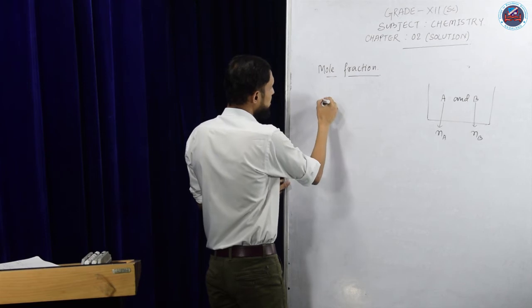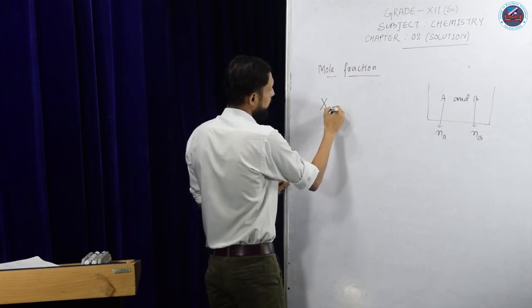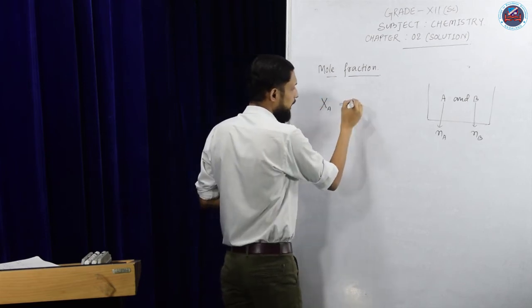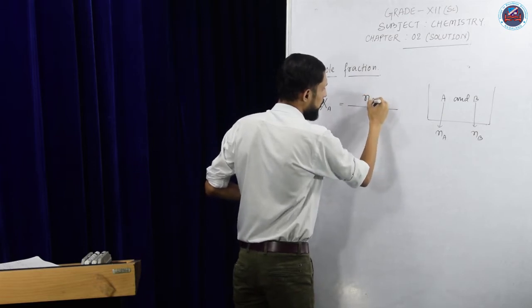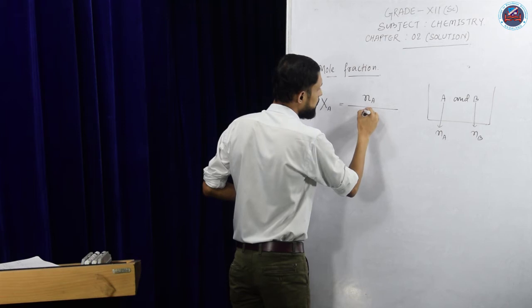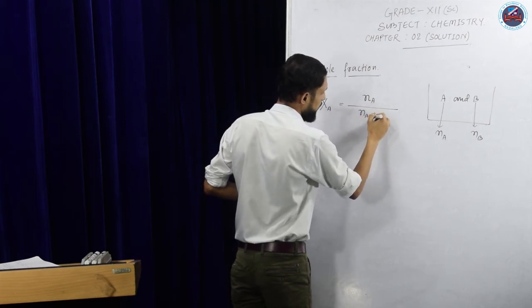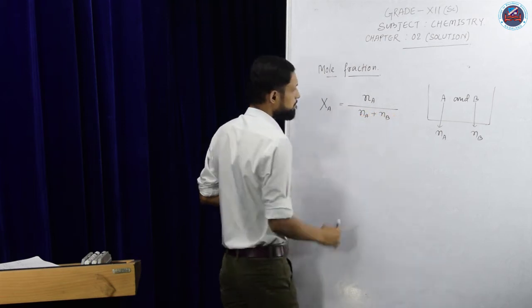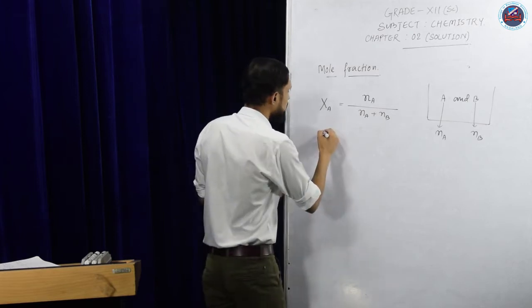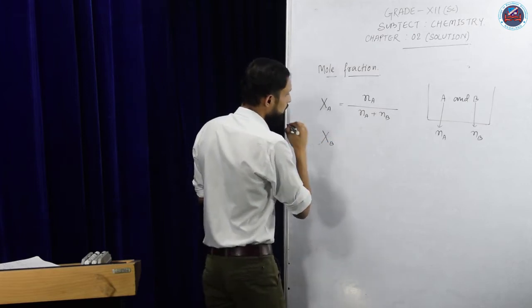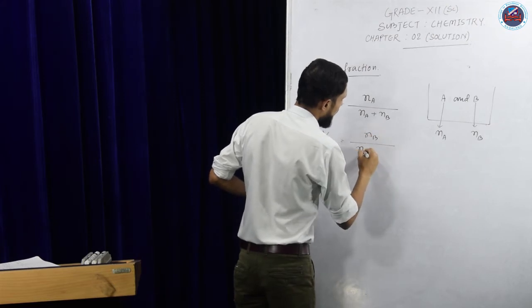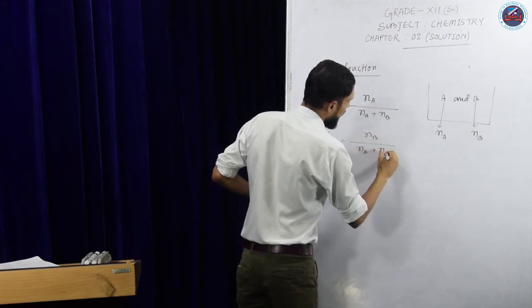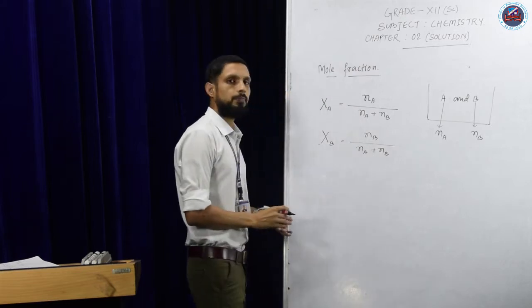So when you calculate the mole fraction of A, it is equal to number of moles of A by total number of moles, that is nA plus nB. If you are going to calculate the mole fraction of B, it will be equal to nB by nA plus nB, that is total number of moles.